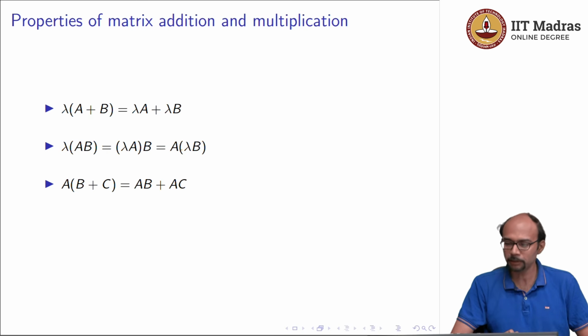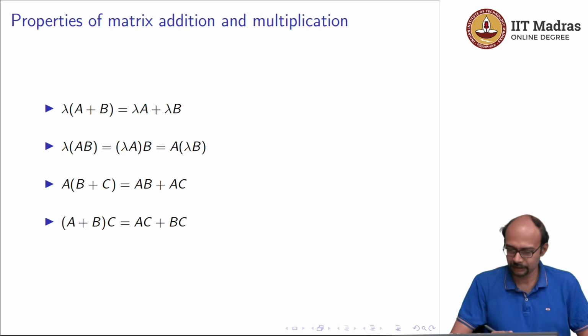Okay, so A times B plus C is the same as A times B plus A times C. And finally, A plus B times C is A times C plus B times C. So these are identities. How do I check these? You have to check these based on the rules of addition and multiplication. Even if you don't formally understand how to check them, I hope you will be able to compute in given examples.